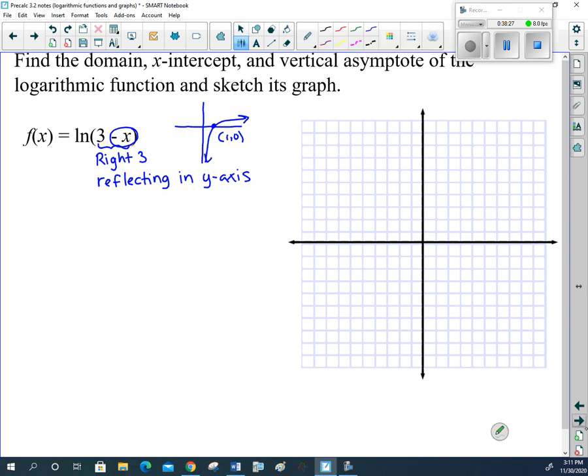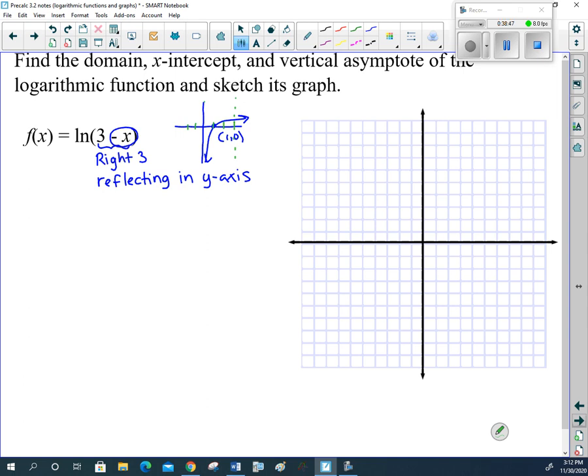Okay, and my asymptote is going to move because I'm moving right 3. So here's my asymptote, so I'm going to move that right 3. So right 3. And then I'm going to be reflecting.